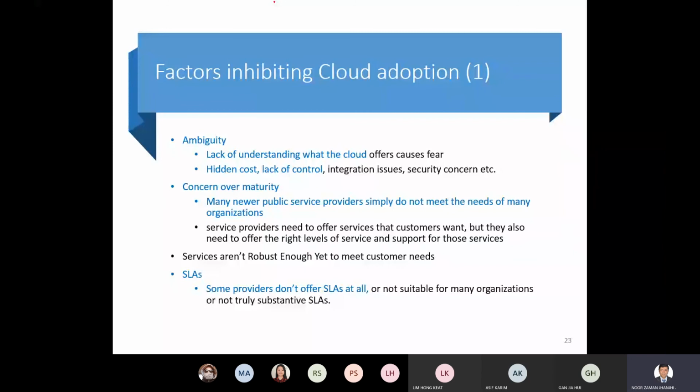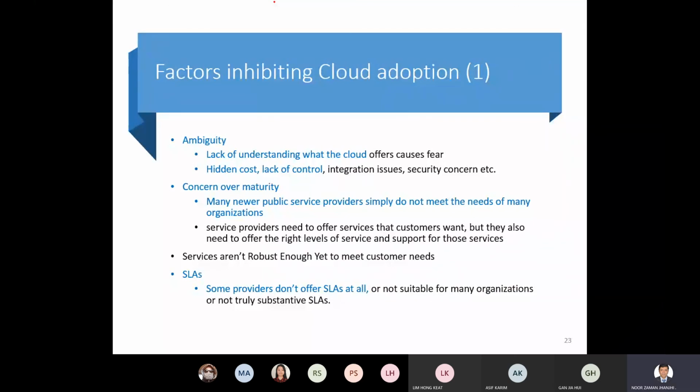So people are concerned over maturity, that how they will keep our data, as our data is very critical. Even though we have these different deployment models, public and private and everything, people still have these concerns. And on top of that, a few of the cloud service providers don't offer complete SLAs.